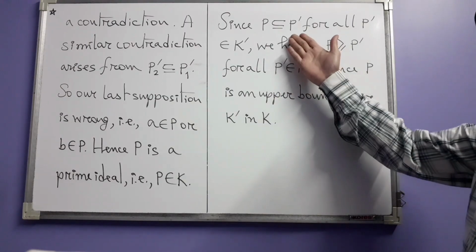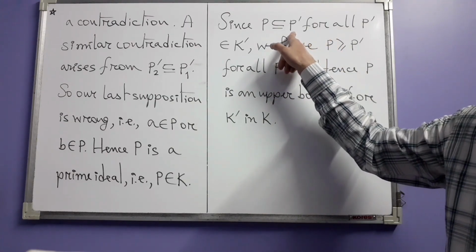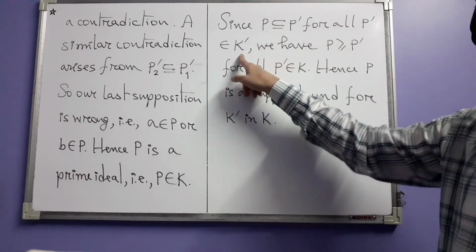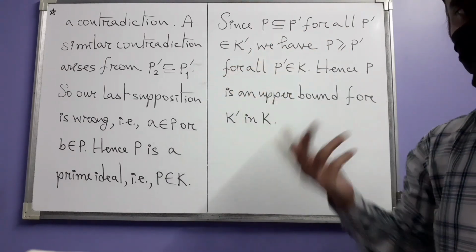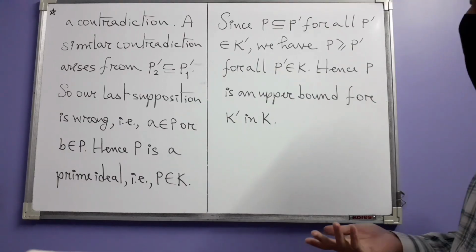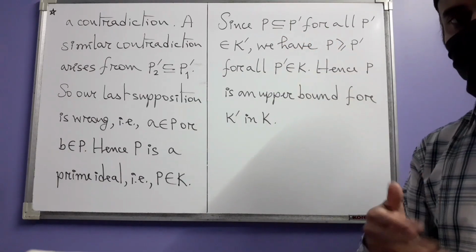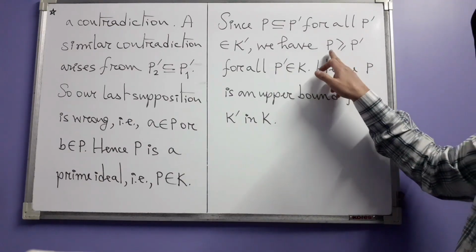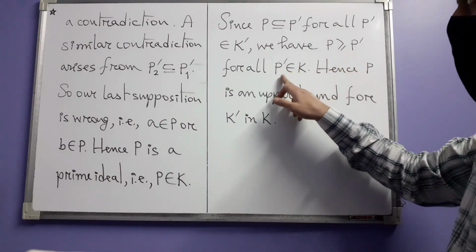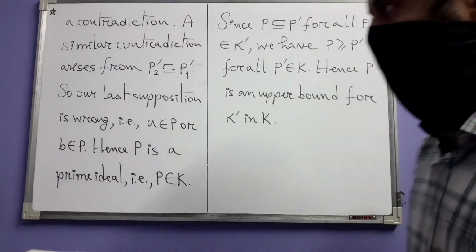Next we note this, that P is a subset of P prime for all elements P prime in K prime. Why? Because P is their intersection, so obviously P is contained in each one of them as a subset. But that just means, according to the definition of our greater than or equal to relation, that P is greater than or equal to every P prime coming from K prime.